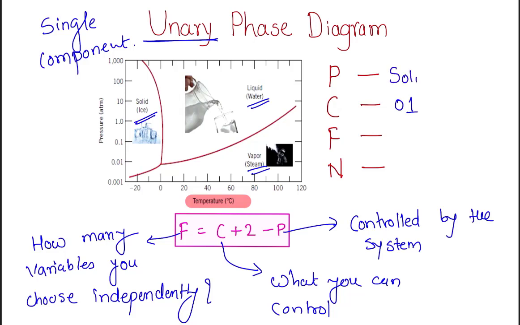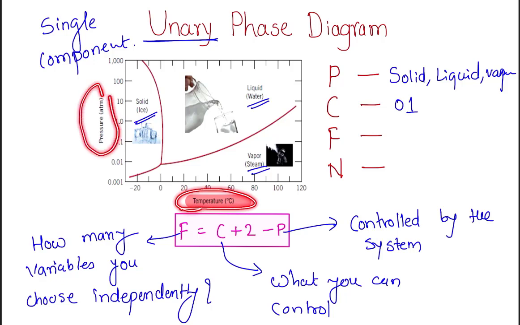Solid, liquid, and vapor. We have two variables here. One is temperature, another is pressure. So variables, 2, and F is the degrees of freedom.